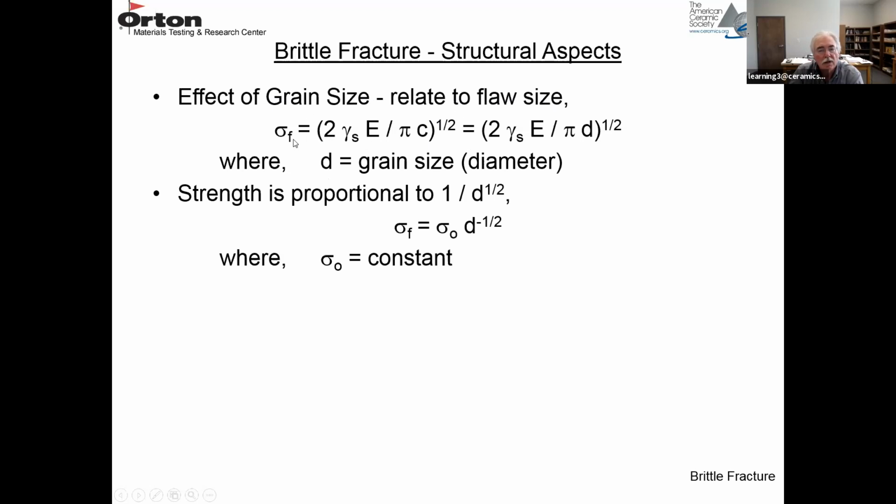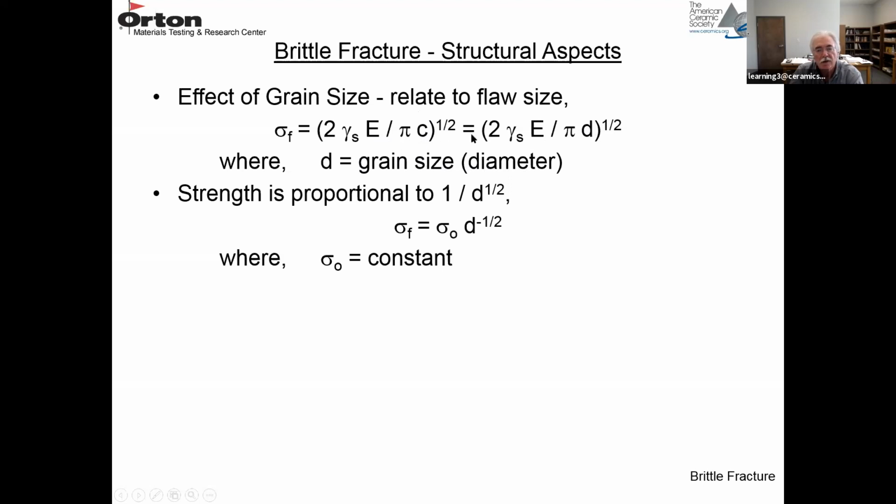So here's the Griffith equation. The strength equals 2 times the fracture surface energy times the elastic modulus divided by pi c, the crack length, to the 1/2 power. You can simply substitute the grain size, the grain diameter, for the flaw size.